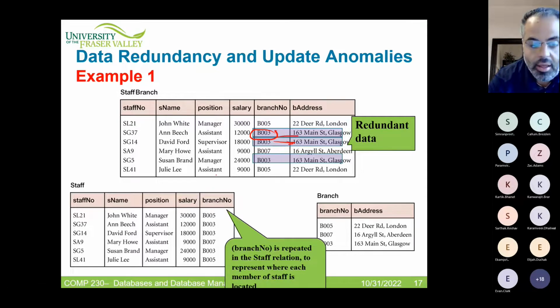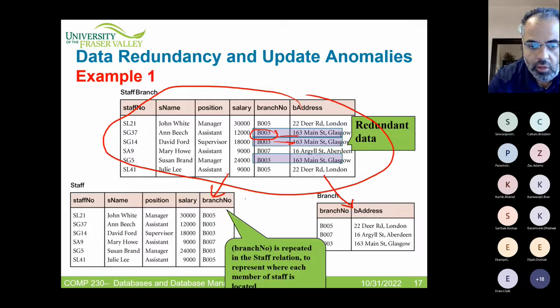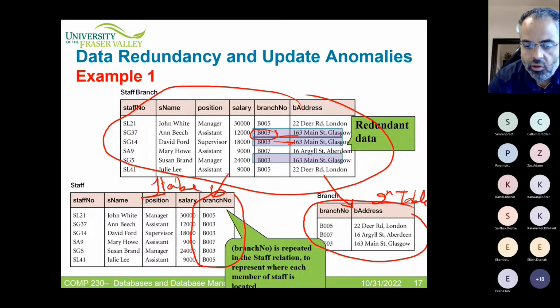Why? If I restructure in this way, rather than having all attributes in the same table, I will have two tables. This is the first table, and this is the second table. Now, if I put only the branch number here, and I create another table where we have the branch number and address, this can be the foreign key.